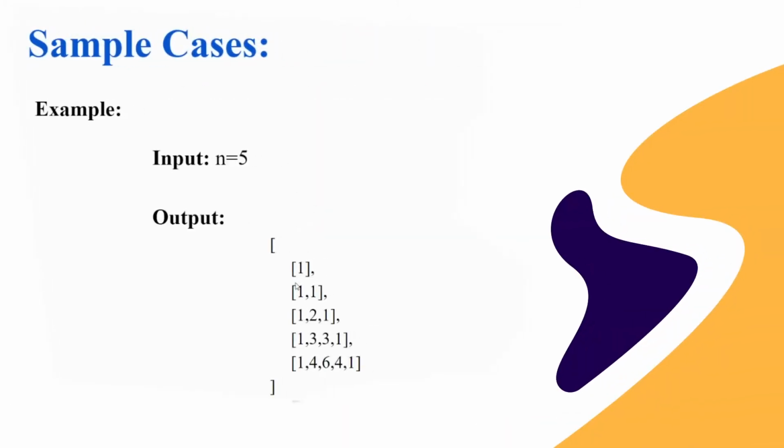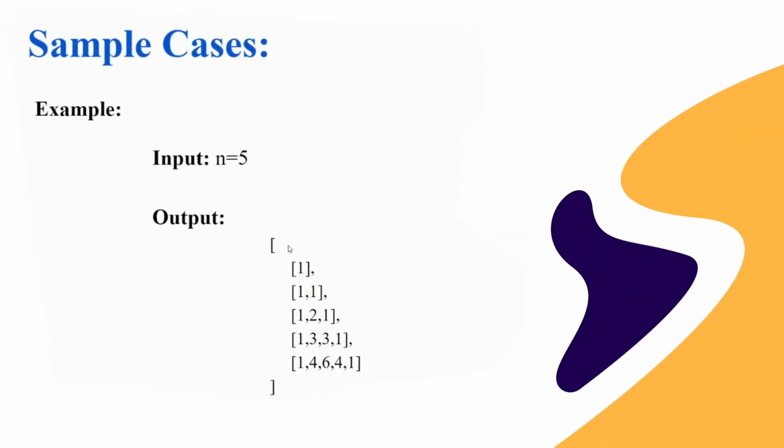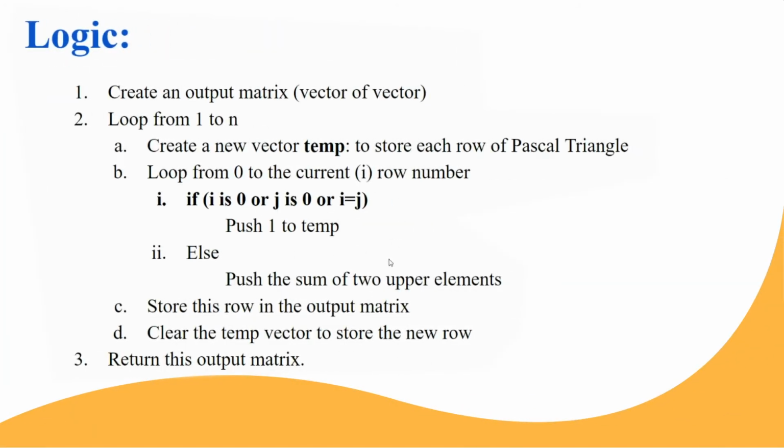The first column of each row is also 1. So each row should start with 1 and end with 1. These two conditions work because we are looping from j equals 0 to j equals i, so that would be the last element. And finally, i equals 0 then it should be 1, just to handle the case when the row is number 1. So hence this condition.